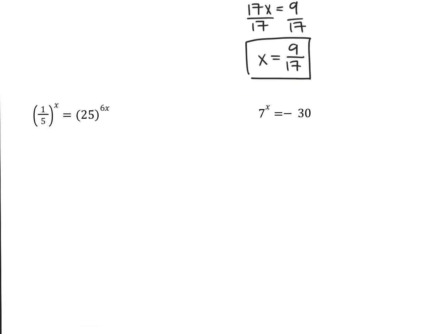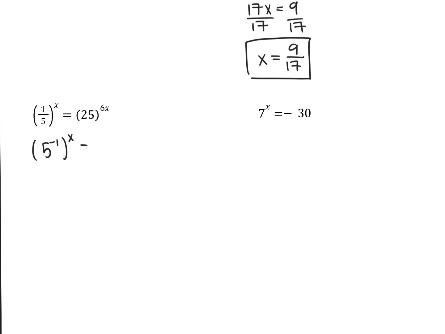So the next example, here's an example of where I have one side that's a fractional base and the other that's not. I have 1/5 to the x equals 25 to the 6x. So I want both of them to be whole number bases. You can technically rewrite a whole number base as a fraction, but considering the whole entire point is to get rid of fractions in a lot of things we do, I'm going to rewrite 1/5 as 5 to the -1.